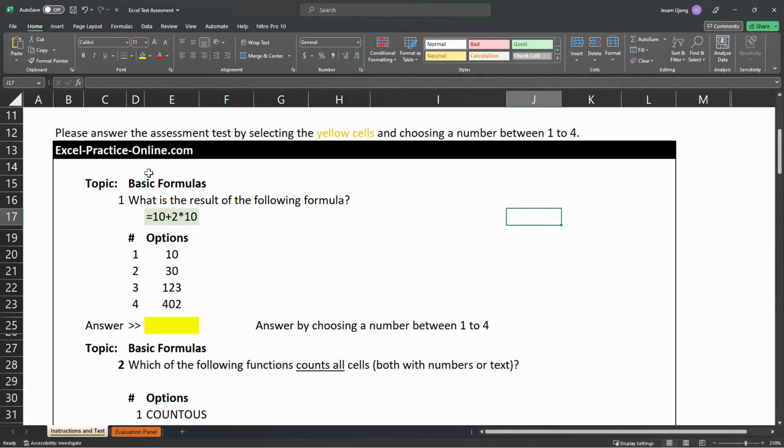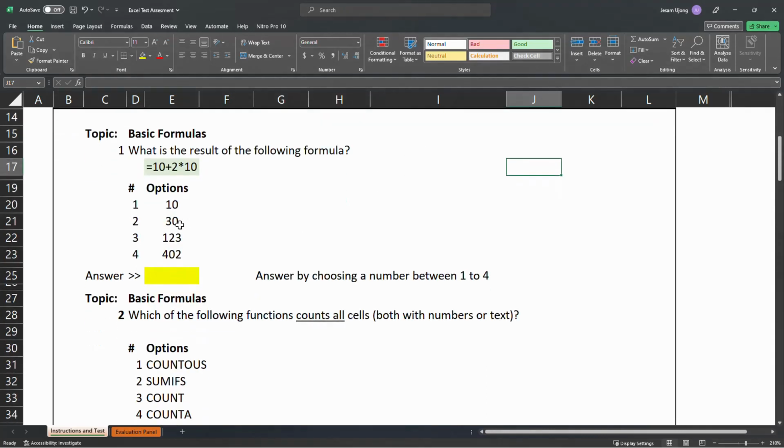I think the instruction is please answer the assessment test, selecting the yellow cells and choosing the number from one. So 30 is number 2, so I'll put number 2 here. Did I show you guys how to use data validation?